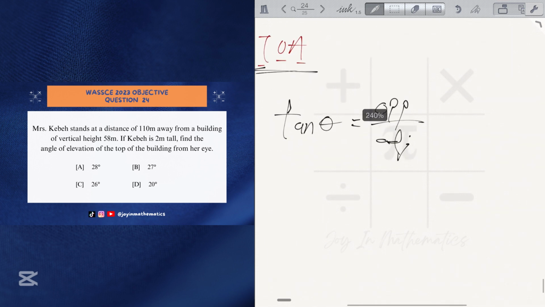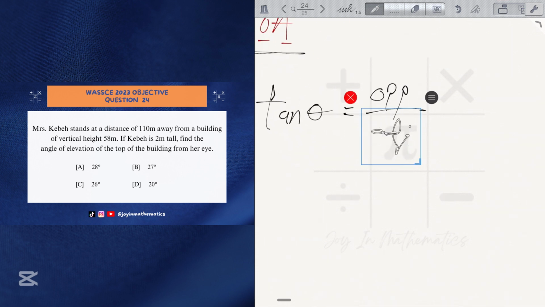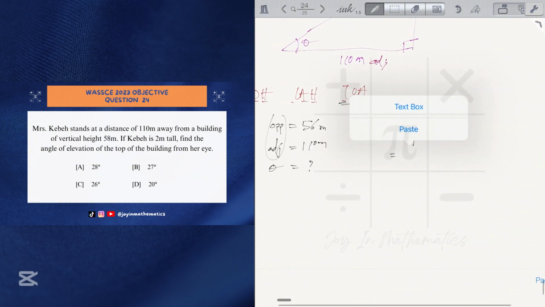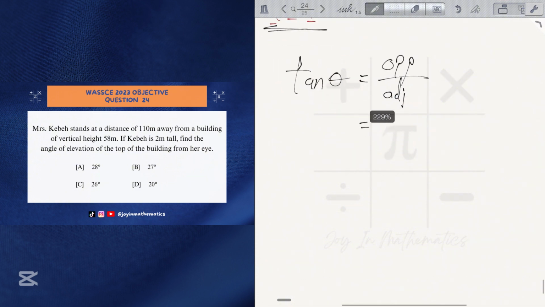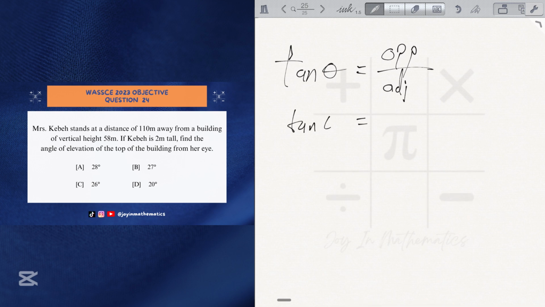The opposite is equal to 56. The adjacent is equal to 110. So tan theta is equal to 56 divided by 110. If we divide this using our calculator, we'll have tan theta equal to 0.5090.